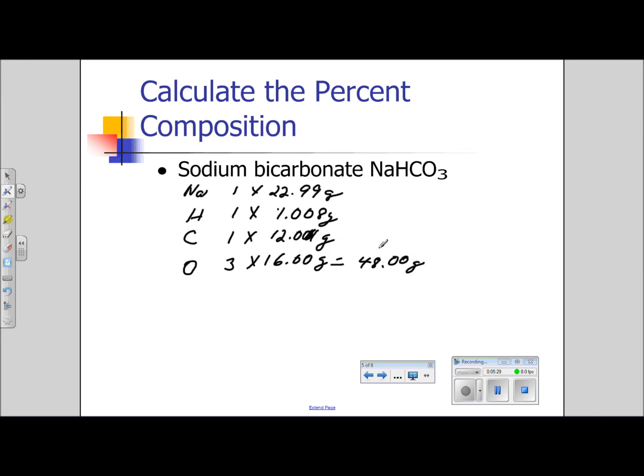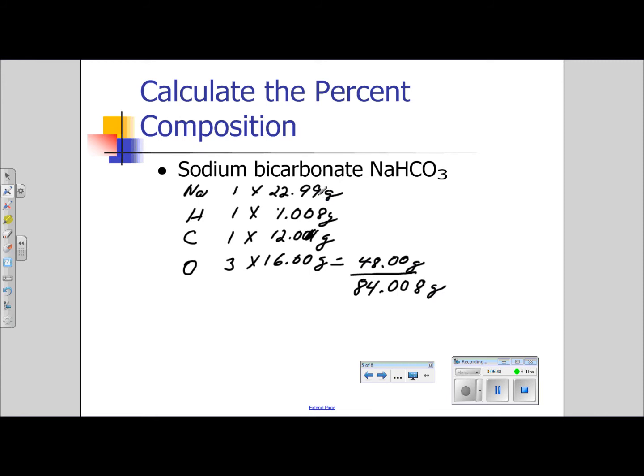And now we're going to add all of these, and we pull out our handy calculator, and the total of all this is 84.008 grams.